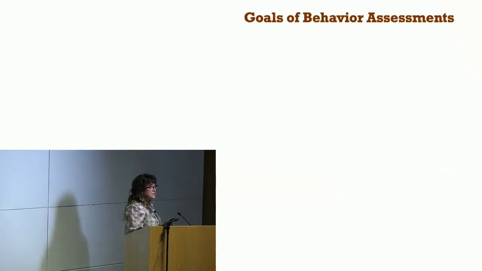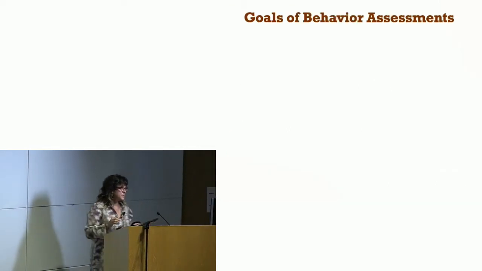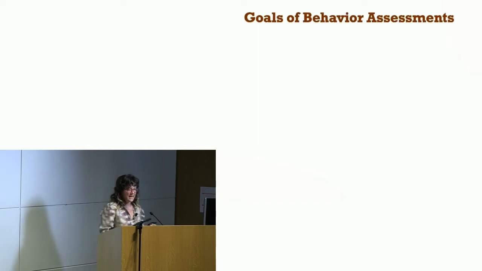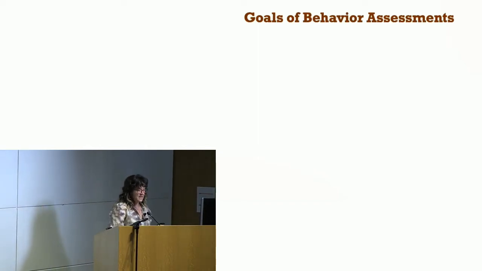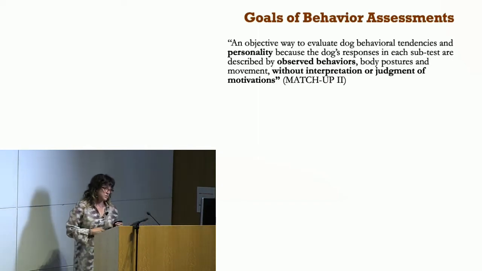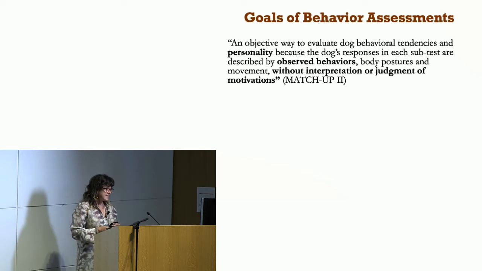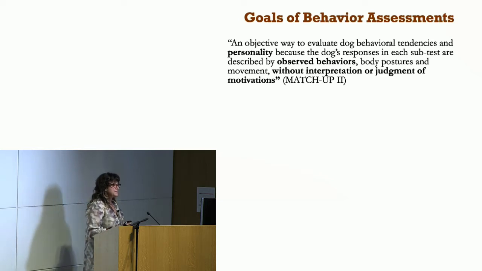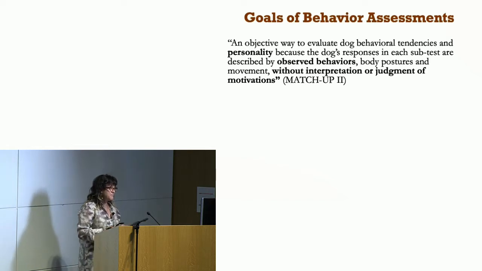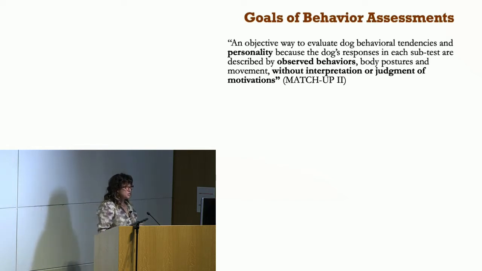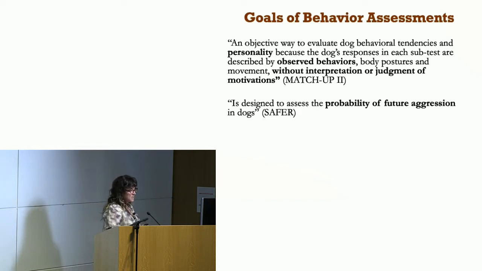And so when we take a look at some of the published goals of some of our well-known behavior assessments, here's what they think they're trying to do. For MATCH-UP 2, it's an objective way to evaluate dog behavioral tendencies and personality because the dog's responses in each subtest are described by observed behaviors, body postures, and movement without interpretation or judgment of motivations.